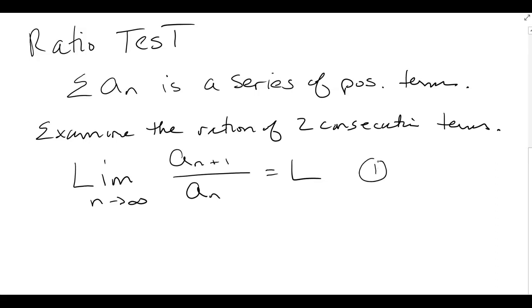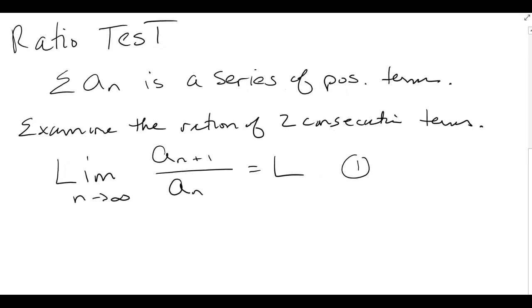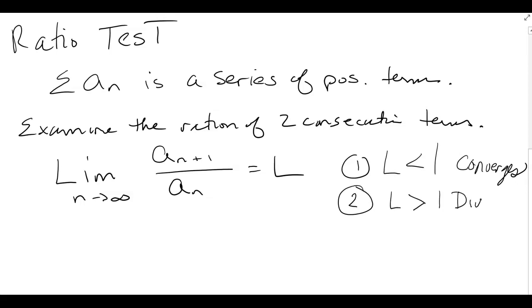If the limit is less than 1, it converges. According to the ratio test, if the limit is less than 1, your series converges. If the limit is greater than 1, it diverges.